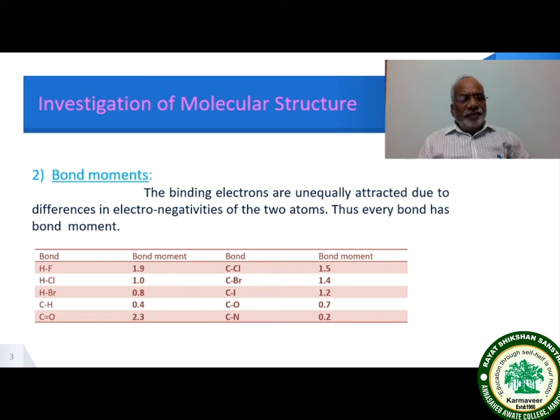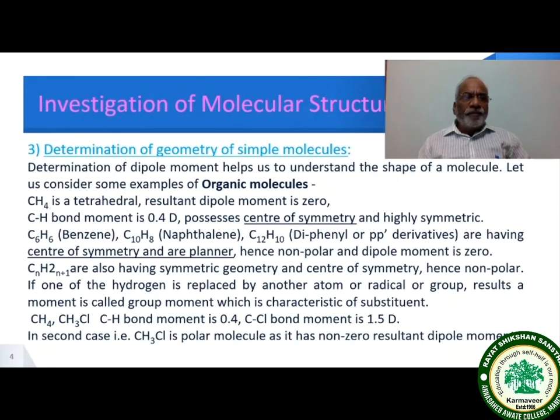HF 1.9, HCl 1.05, HBr 0.8, C-H bond 0.4, C double bond O 2.3, C-Cl 1.2, C single bond O 0.7, C-N 0.2, all these values are in Debye units. So these literature values can be used to evaluate the bond moments of the remaining bonds in the molecules.